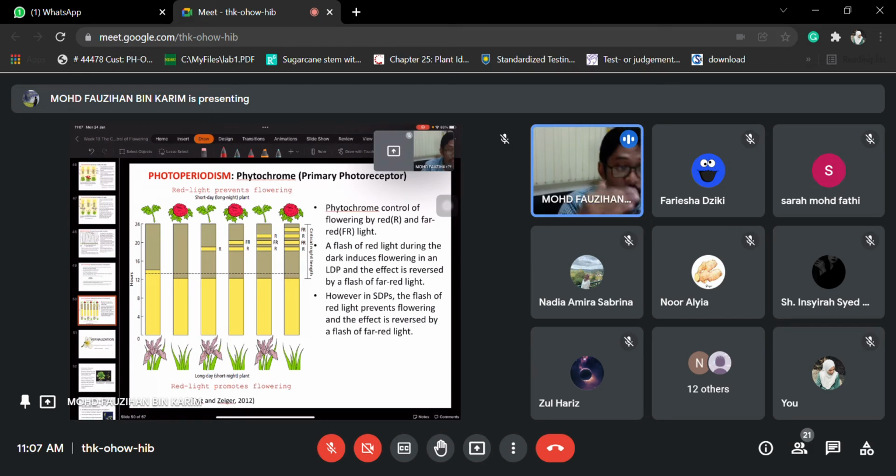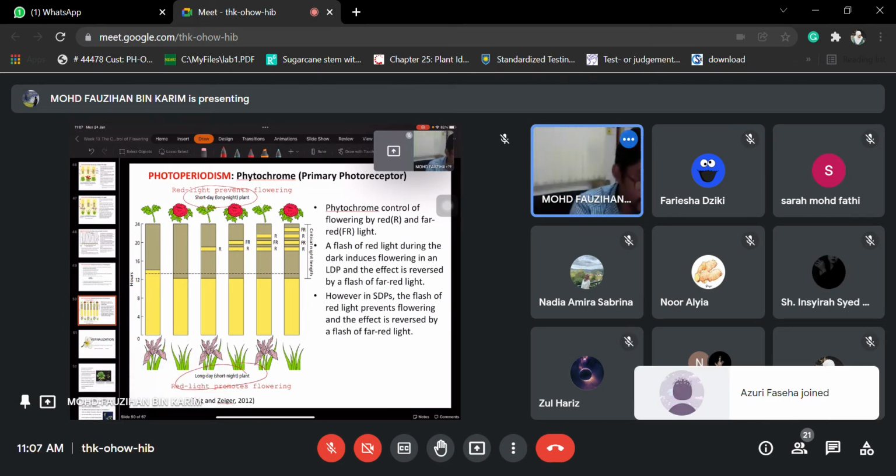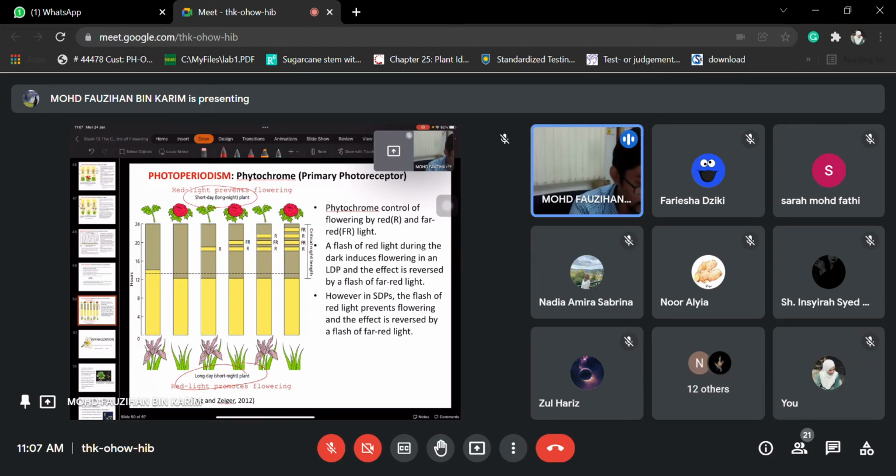Okay, see on the above part, is short day ataupun long night plants. Okay, kita panggil short day plants lah, right? The down here is long day plants. Okay, so what we got here: 0, 12 hours, 24 hours.